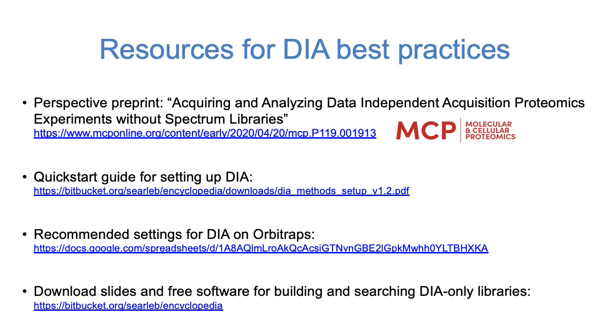We've also built a quick start guide as well as a spreadsheet of recommended DIA settings for every QE or tribrid instrument to date. And finally, both the slides that are shown here as well as the software to implement these methods are freely available at this bottom URL for the EncyclopeDIA Software Tools Suite.